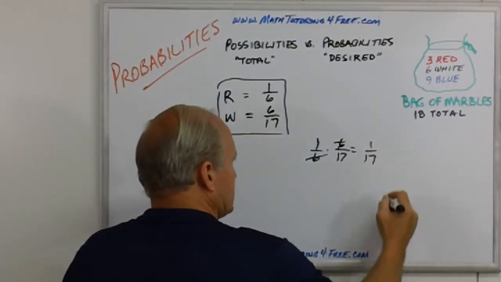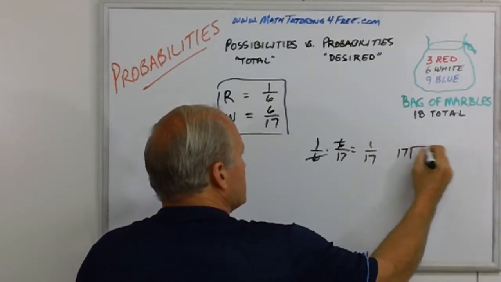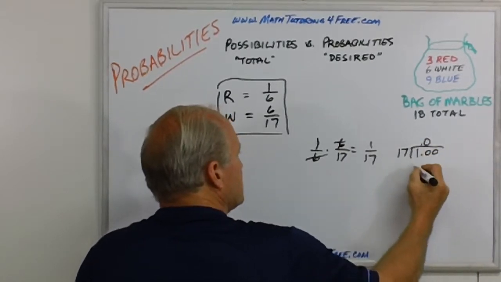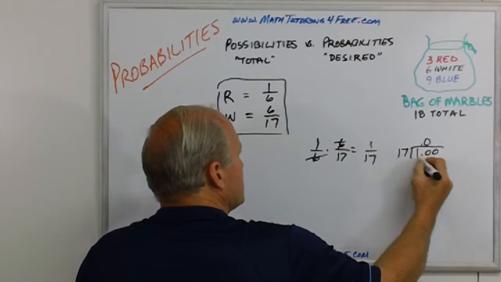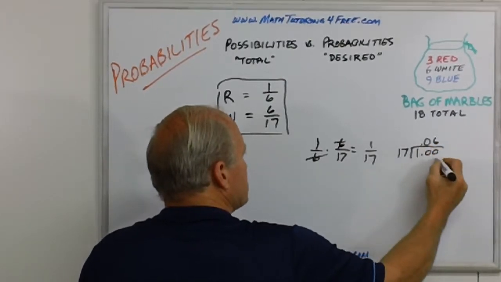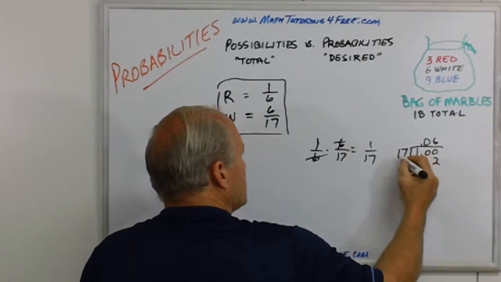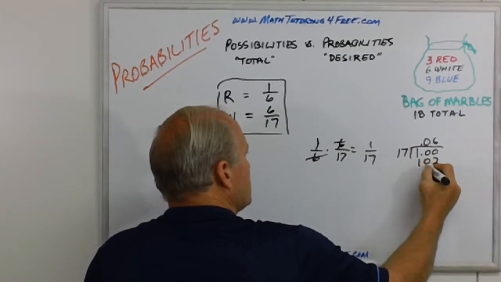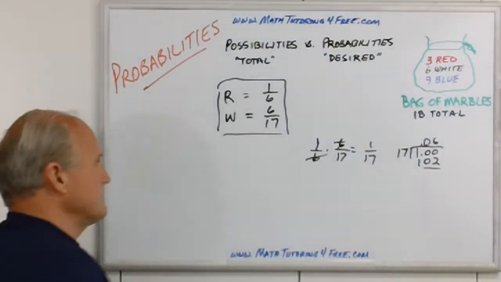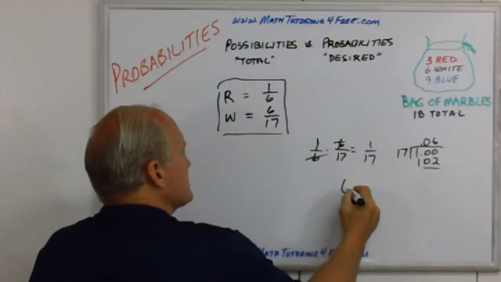Who's got their calculator? 17 goes into 1, goes into 100, almost 6, right? 6 times 7 is 42, 6 and 4 is 10, so it's just barely under 6, 0.06, which is 6%.